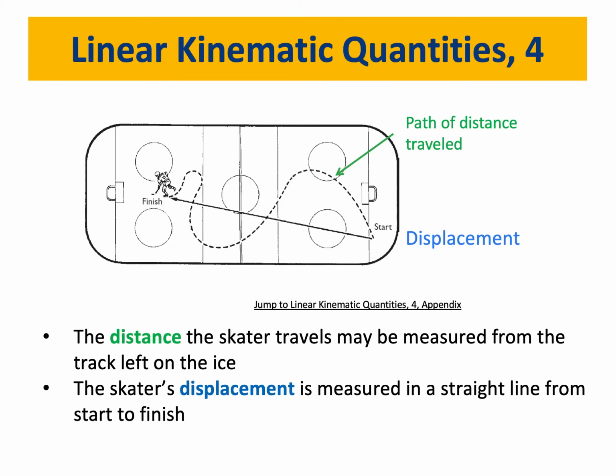However, displacement is measured in a straight line from start to finish, and this is the solid black line from this point to that point. So this is the difference between displacement and distance. Distance is a scalar and displacement is a vector. We need to keep those in mind. It's just a quick revision from physics.